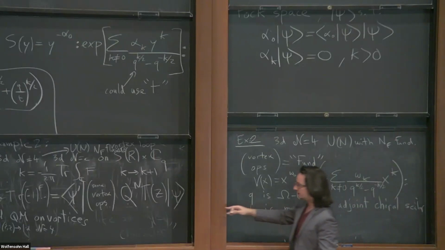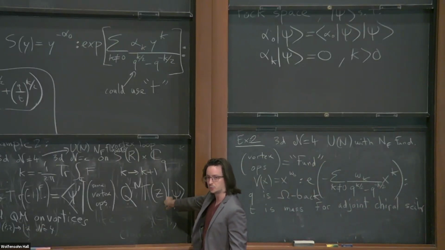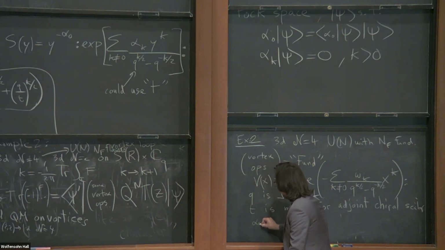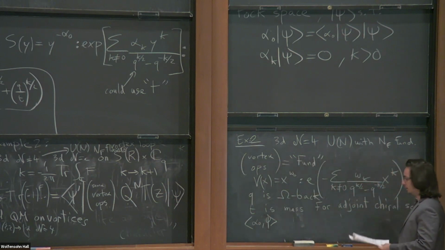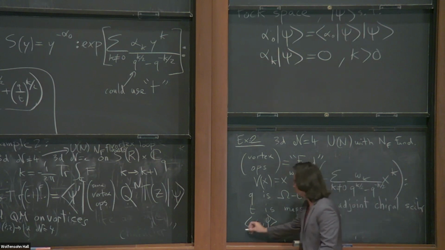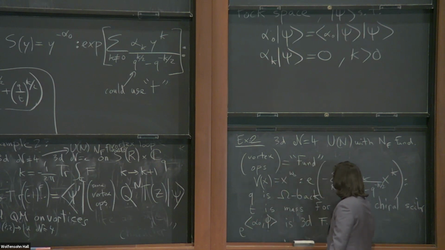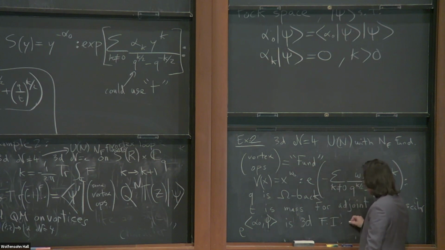The correlator has this state psi defined for the Fock space. And so the eigenvalue when alpha 0 acts on psi, remember that this gives you the highest weight value of this. So this parameter, that's the 3D FI parameter, Bayer-Dupulos, complexified.